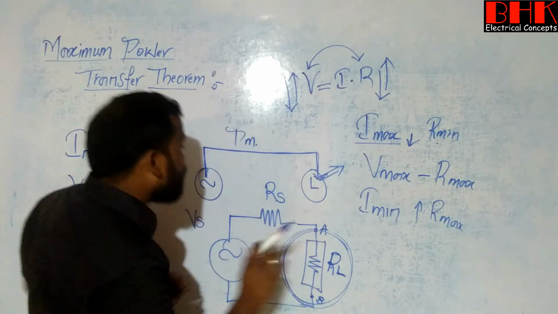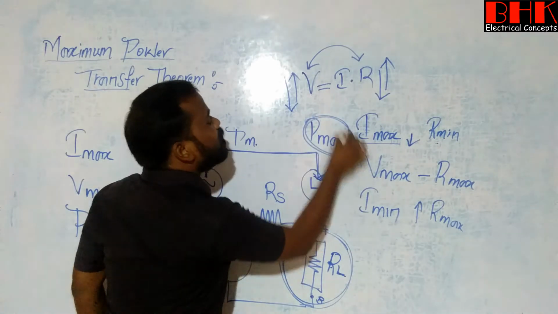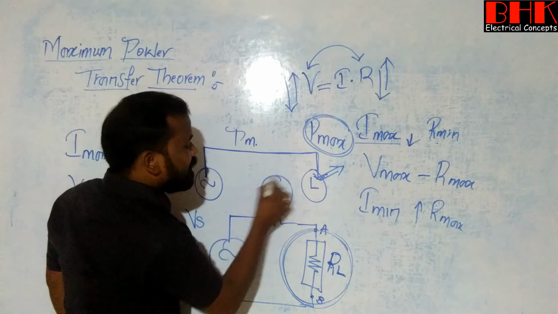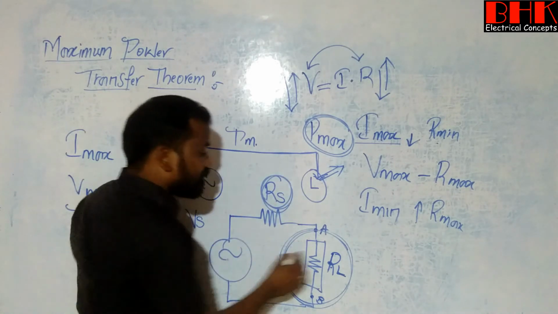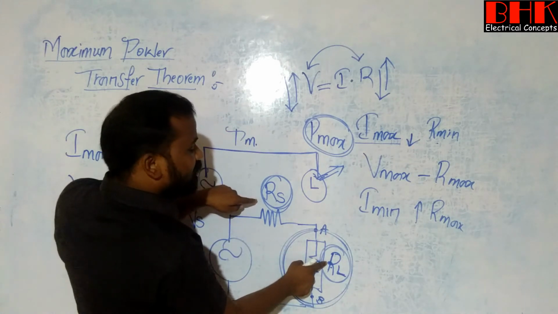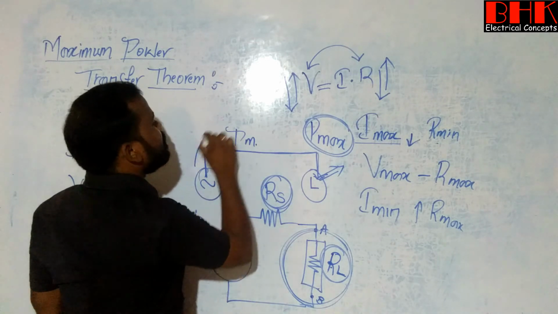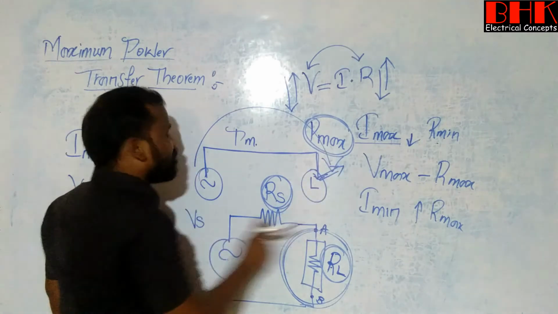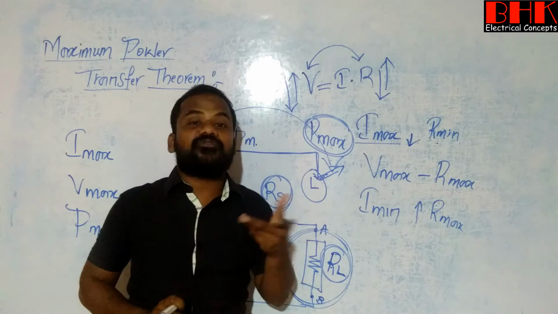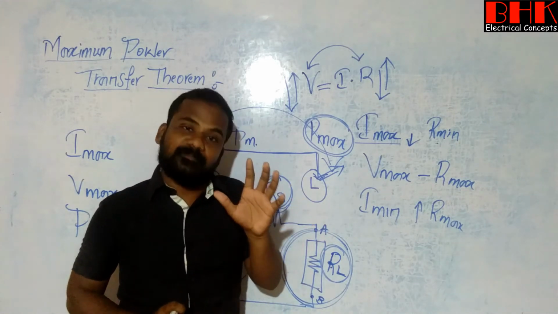But if I want to get the maximum amount of power, then we need to maintain the relation between source resistance and load resistance: when these two resistances are equal, then only is it possible for the maximum amount of power to transfer from source to load. These are the conditions we need to follow whenever we talk about the maximum value of power.